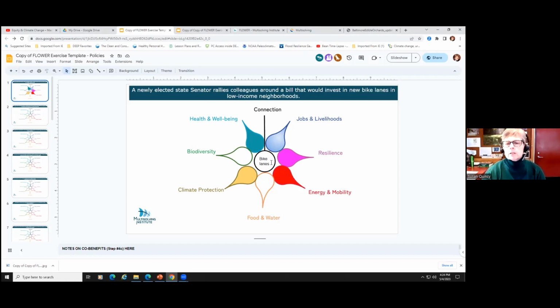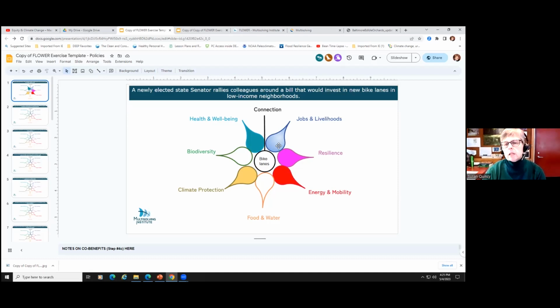So here's our connection, our bike lanes. And within our connection, I've colored in health and well-being, because obviously they're good. It allows people to bike, which gives them exercise and stress release, and it improves the well-being of the communities. That's a solid dark color that has been added.